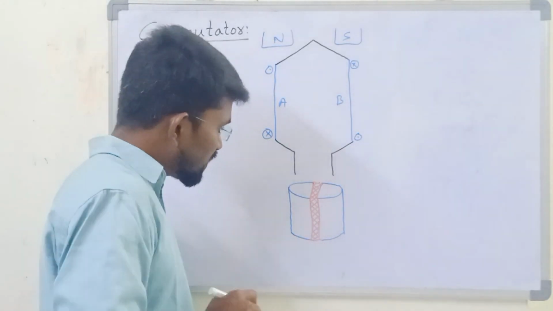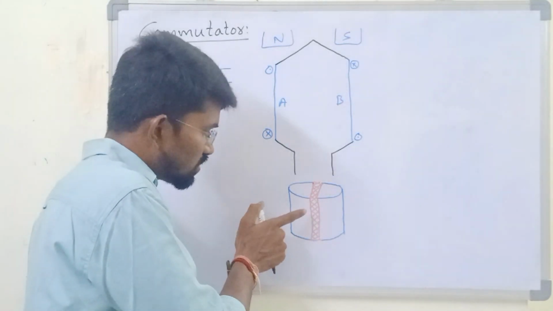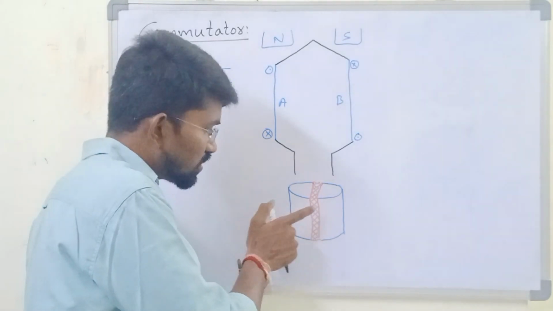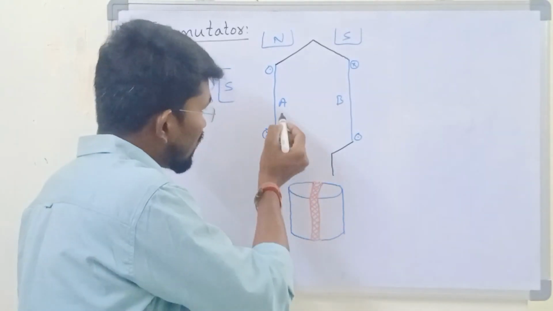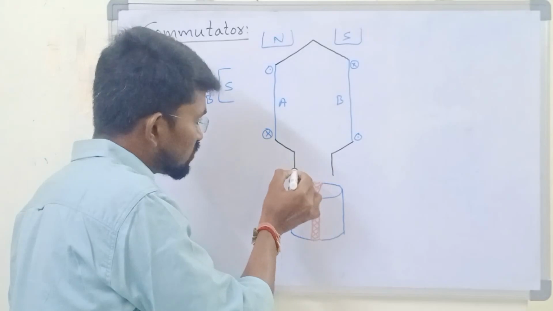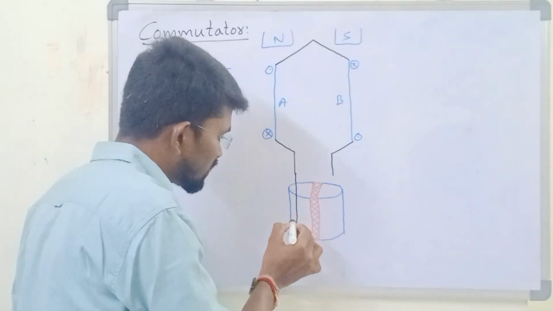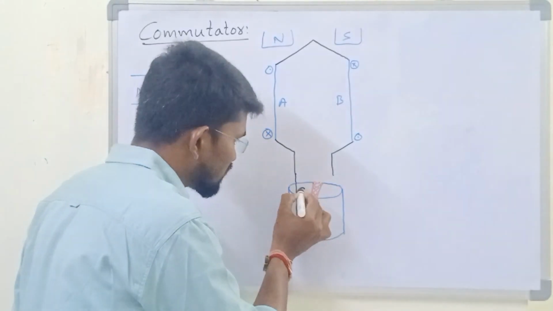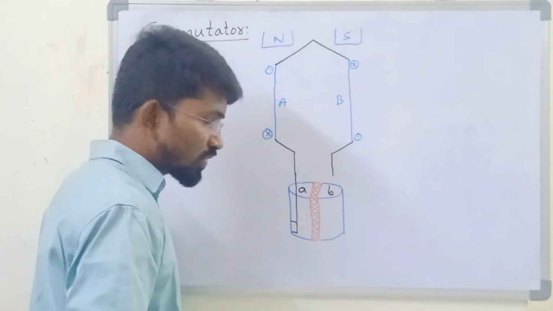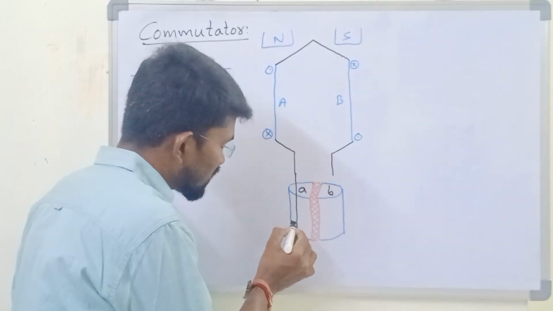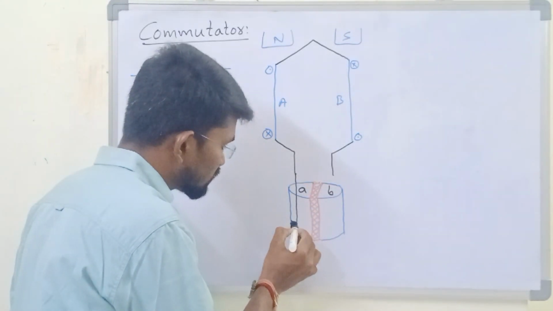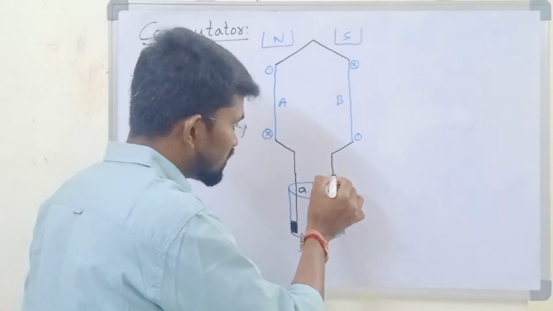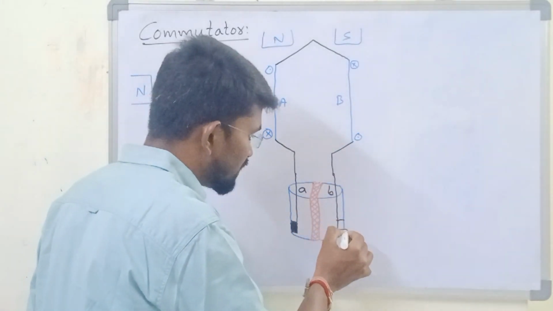These are the segments. This is segment 1, this is segment 2. Let me call them segment A and segment B. Conductor A is permanently connected to segment A, and conductor B is permanently connected to segment B.